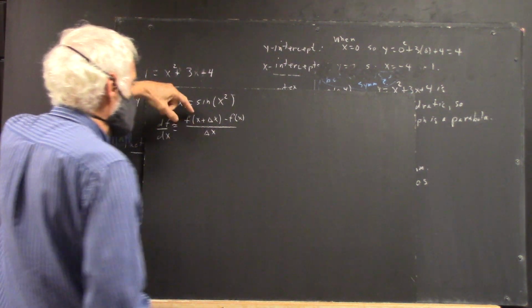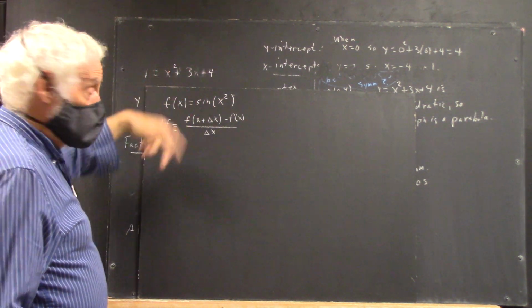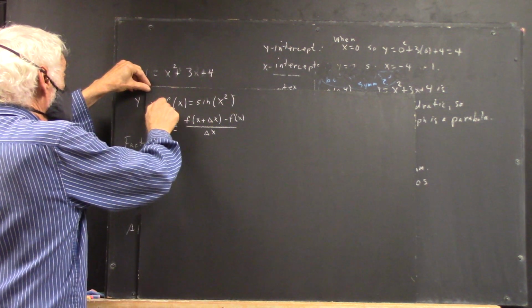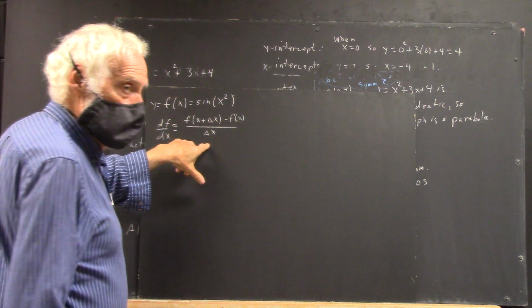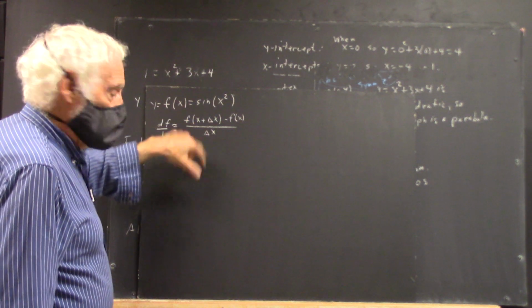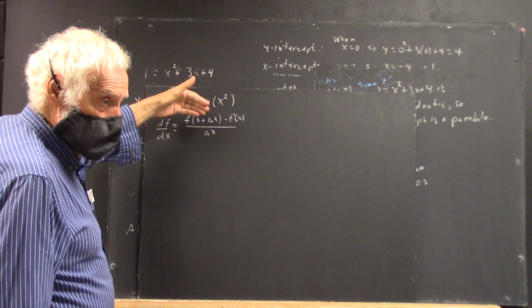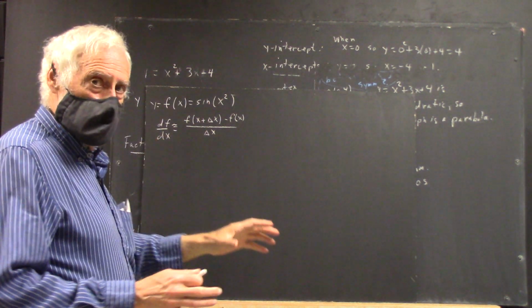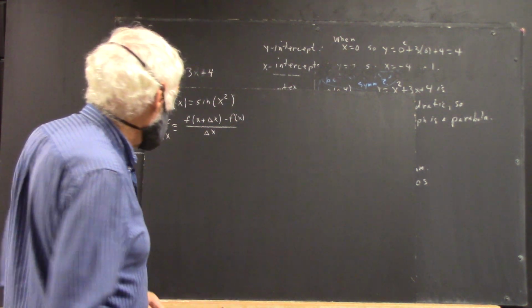In other words, the change in the value of the function, the change in y if you wish, divided by the change in x, which is the average rate of change of y equals f of x with respect to x. And of course, we have to understand rate of change.